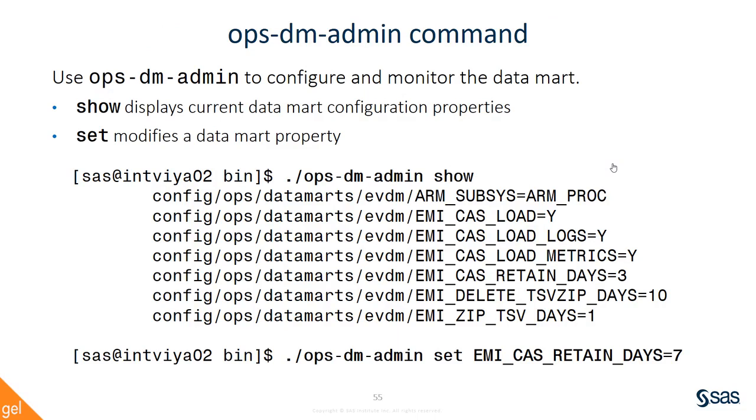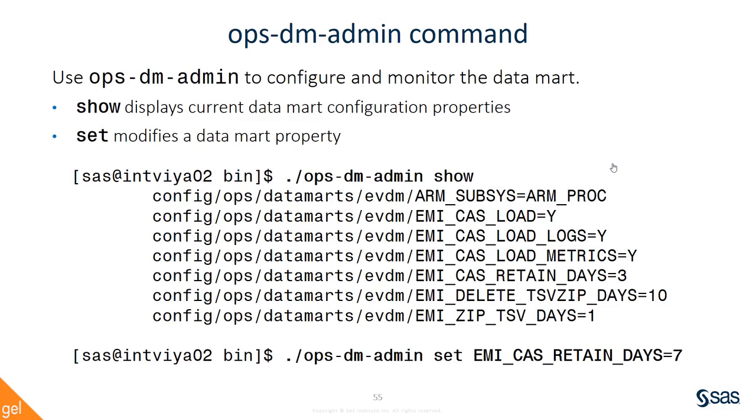So the data mart obviously needs a little bit of care and feeding. So we have configuration information. Earlier we saw the ops dm admin command, which would show me the current configuration of the data mart. So if I dump that out, I see that I have about 6 or 7 configuration settings there.